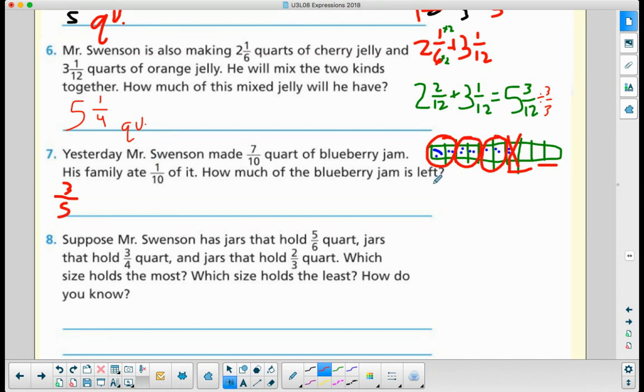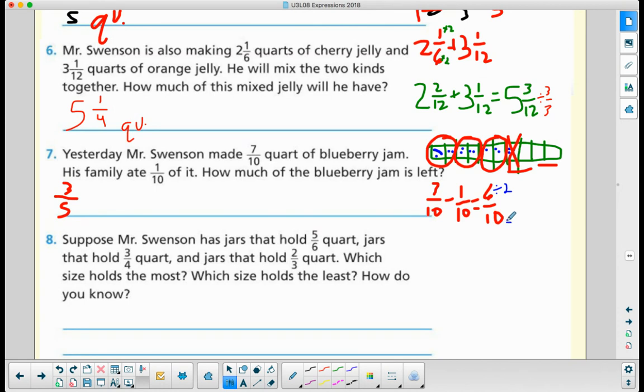Let's see it using our operations. I had 7 tenths to start. They ate 1 of the tenths. My size pieces never changed when I took that one away, so they only had 1 less, which would be 6. The sizes were still tenths. Then I noticed 6 and 10 have a common factor of 2.